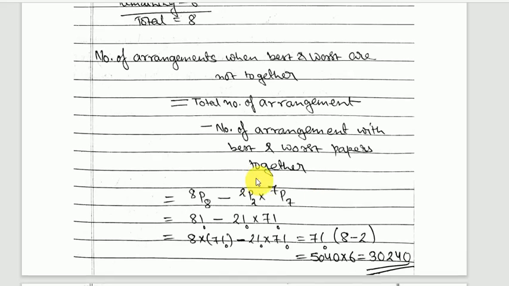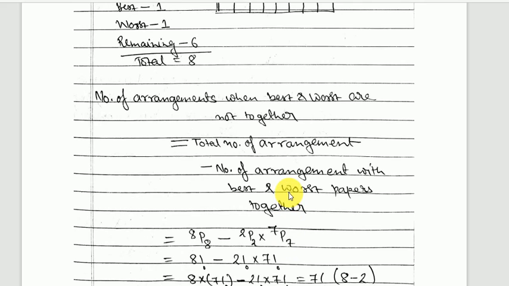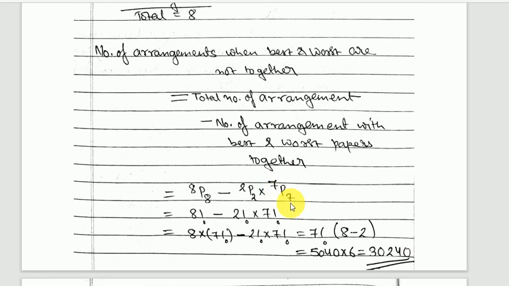When we are putting best and worst together, that means we are considering best and worst as a single entity. That's why 7P7. And those best and worst among themselves can arrange in how many manners? Two manners. So that's why 2P2. So you solve it and you'll get this.